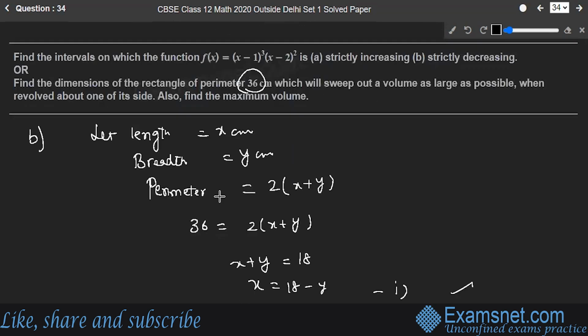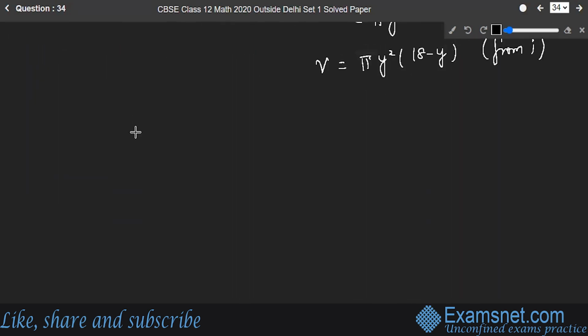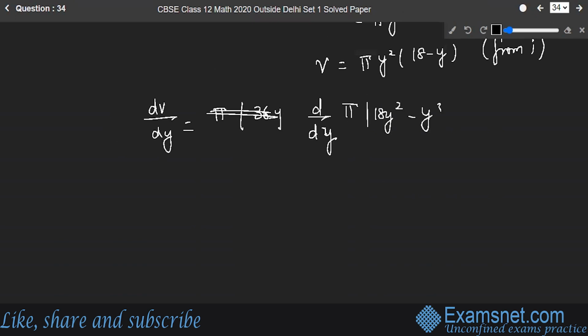What you have to see in the question was, when it is revolved, it will sweep out a volume as large as possible. So you have to find out the maximum volume. For the maximum volume, of course, we have to go for the derivatives. So differentiating both sides with respect to y, we have to find d by dy of pi (18y square minus y cube).